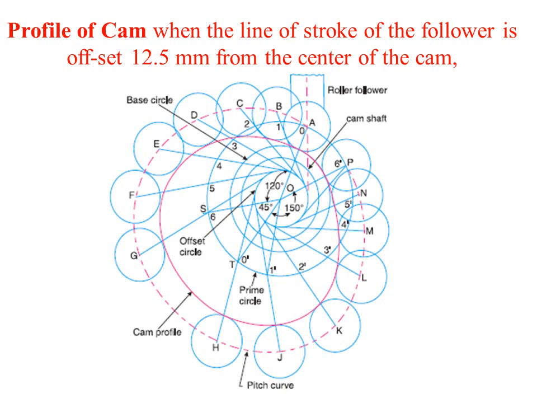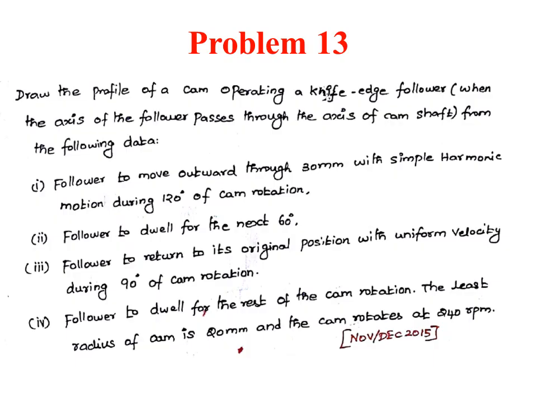Once the rollers have been drawn, join the bottom of all the rollers so that we get a smooth curve, and join it to the base circle. Now this is the profile of the cam. So that completes the displacement diagram and profile of the cam.